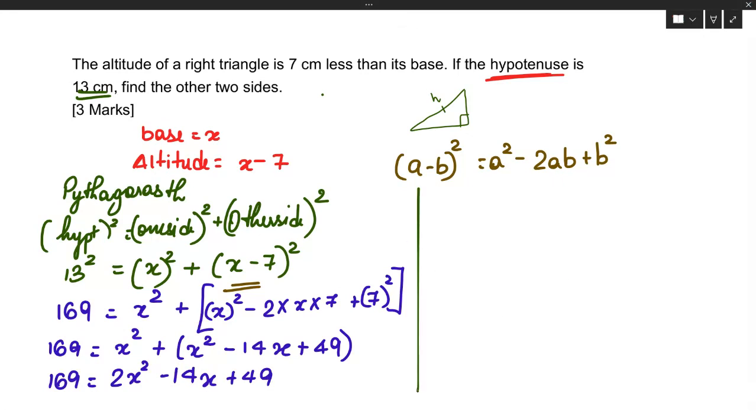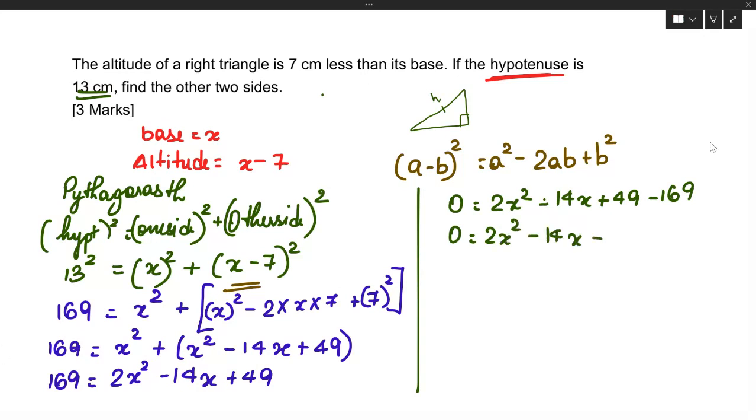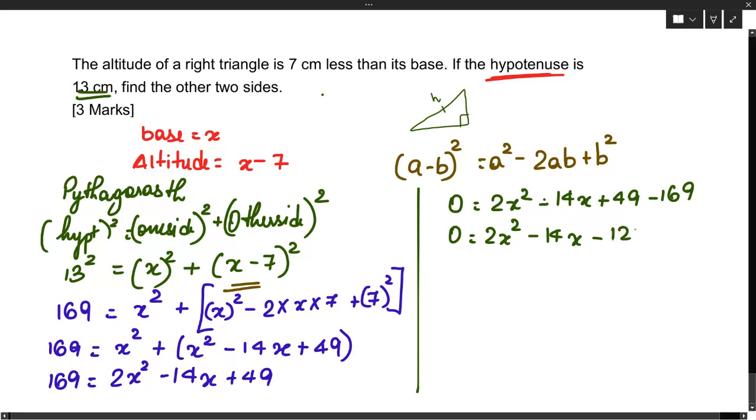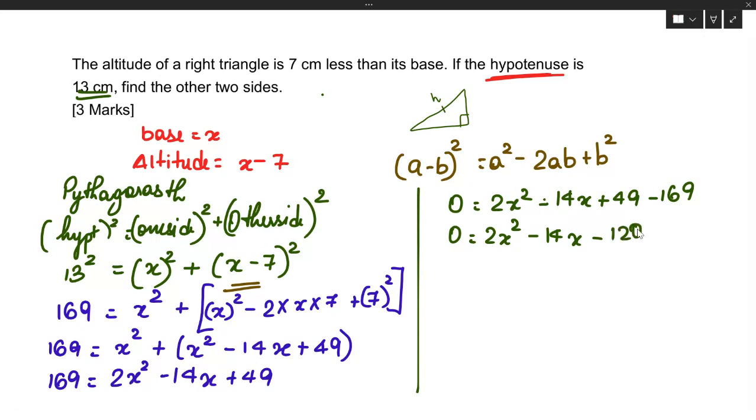So 0 is equal to 2x square minus 14x plus 49 minus 169. So 0 is equal to 2x square minus 14x minus 120. Correct. Now what we can do, we can split the middle term and find out the value.